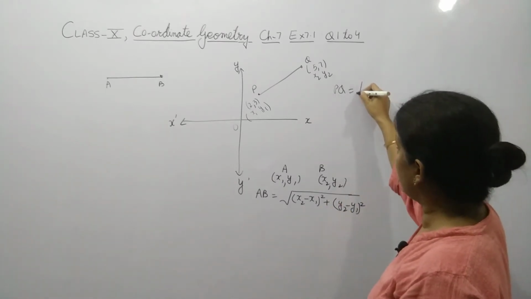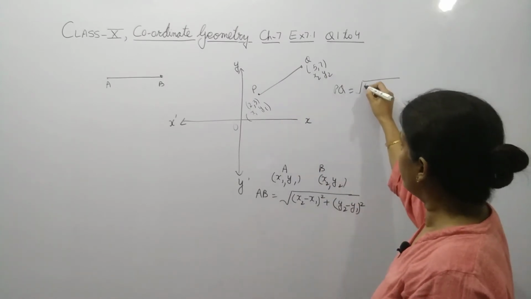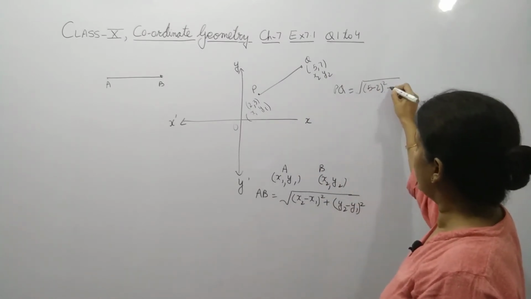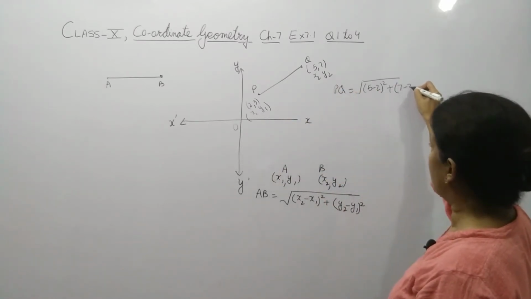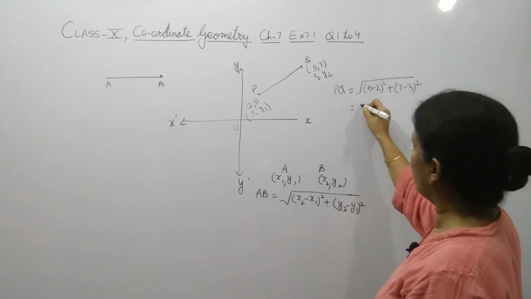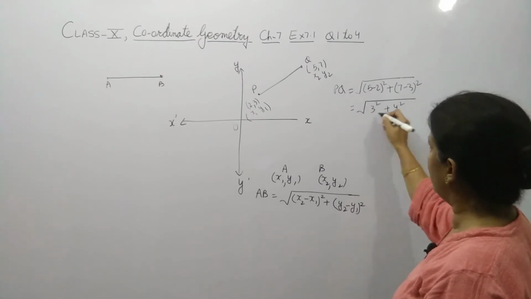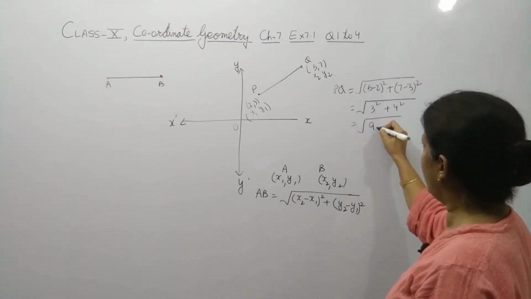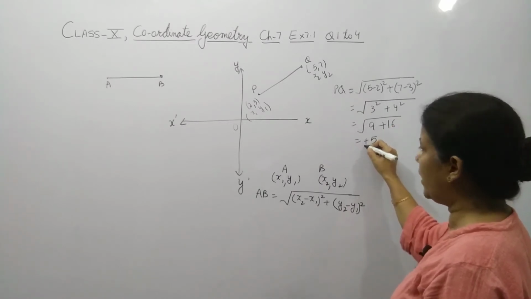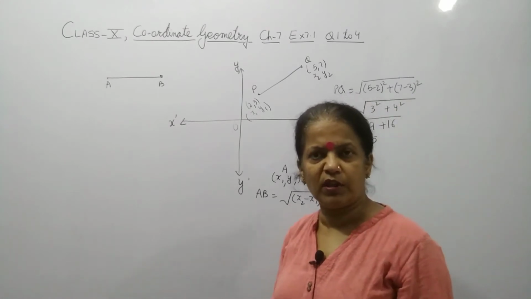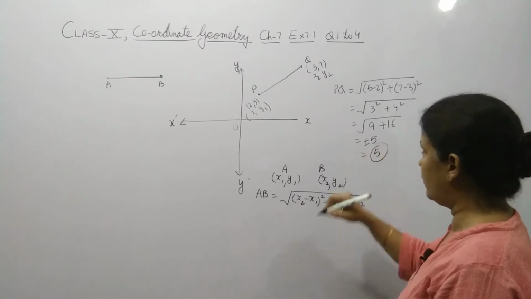So the distance PQ is square root of (5 minus 2) whole square plus (7 minus 3) whole square. Now solve it further. It will be 3 square plus 4 square, then 9 plus 16, 25, so you will get plus 5, minus 5. But the distance will always be positive, so you will take only the plus 5.